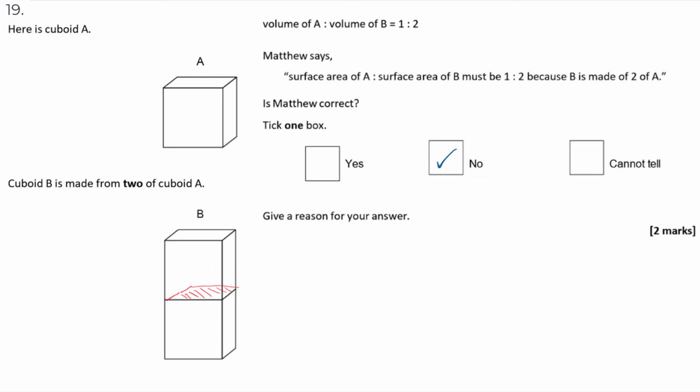Okay, so overall then the surface area is not going to just be twice the one of the original cuboid. Okay, so a face from each cuboid is joined and so does not form part of the surface area.